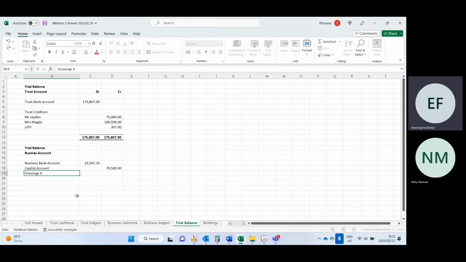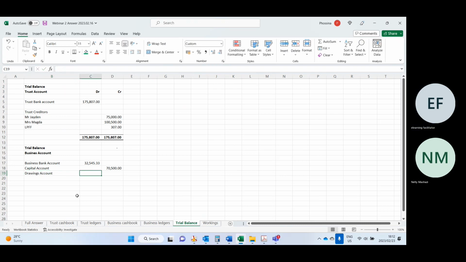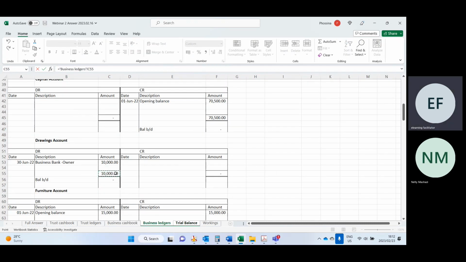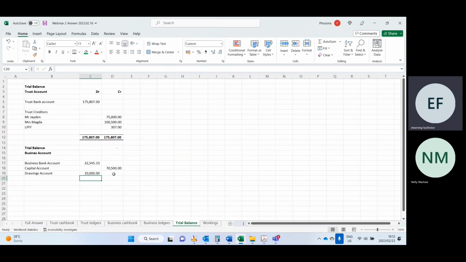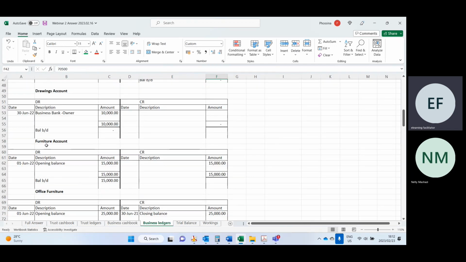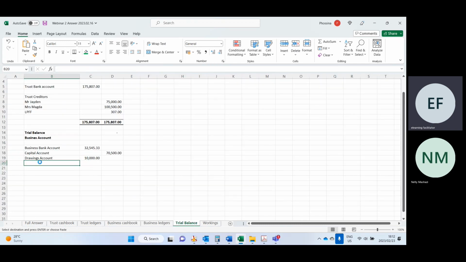So if ever there's any transaction during the year, those transactions should be added up or subtracted so that you come up with your balances like that. And then your furniture account. So it's a matter of going to each and every account.